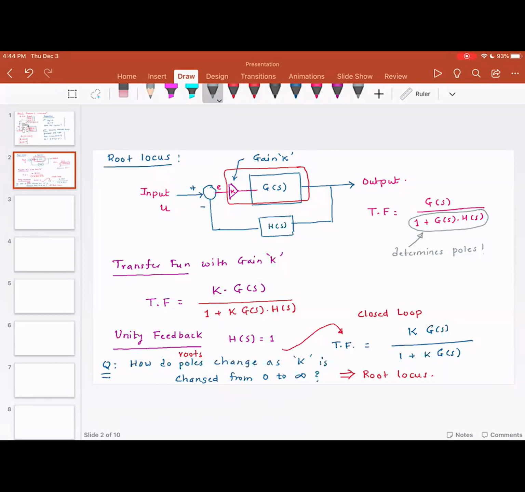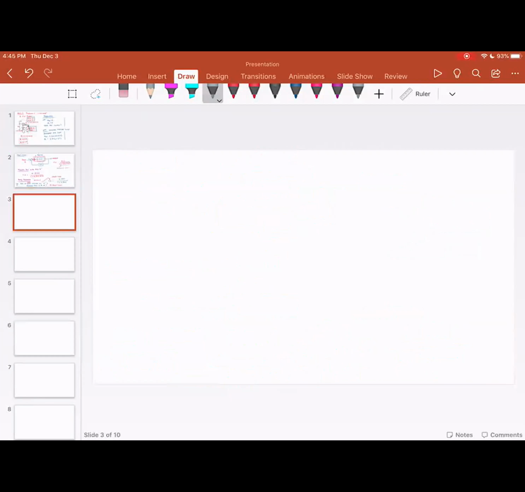Nowadays we can use Matlab, but before Matlab, people used to do hand calculations, and there are some simple rules that allow us to calculate and plot root locus. They used to plot root locus and then find the approximate gains so that the system response is what is required. So let me give you this question.